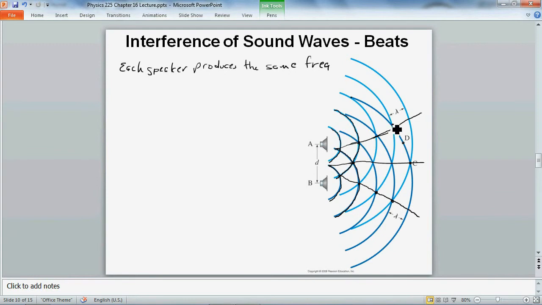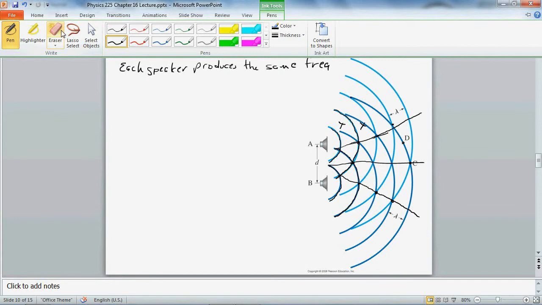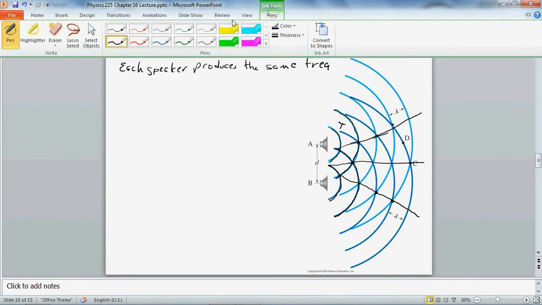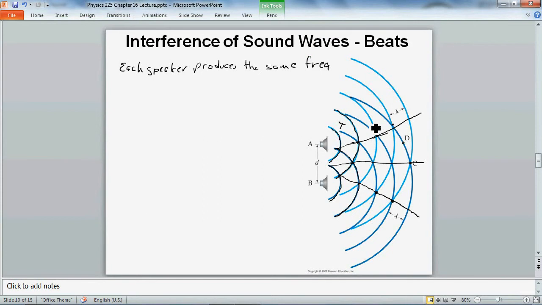So the points of constructive interference, where I'm getting double of the amplitude, happen at multiple wavelengths. So here's a wavelength, here's a wavelength, right here, and a wavelength, right?